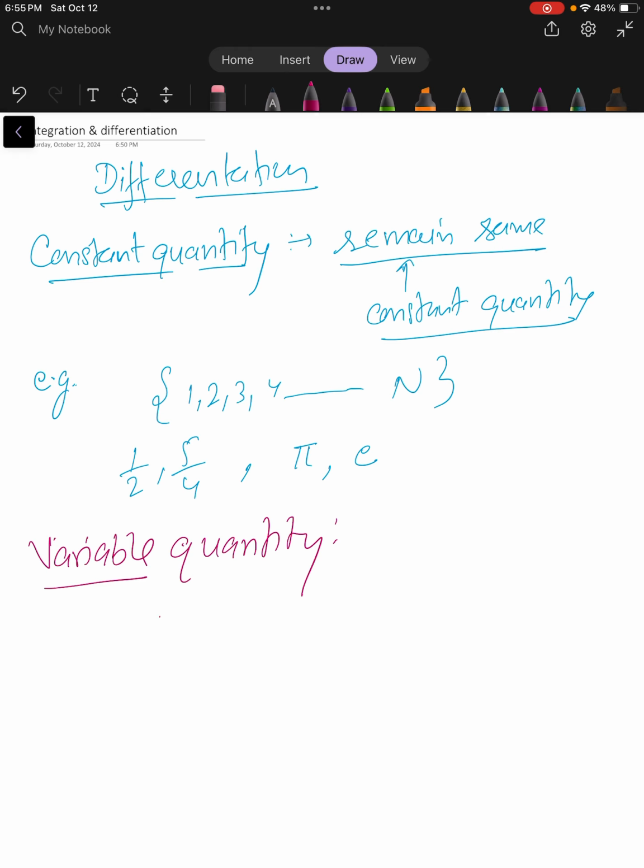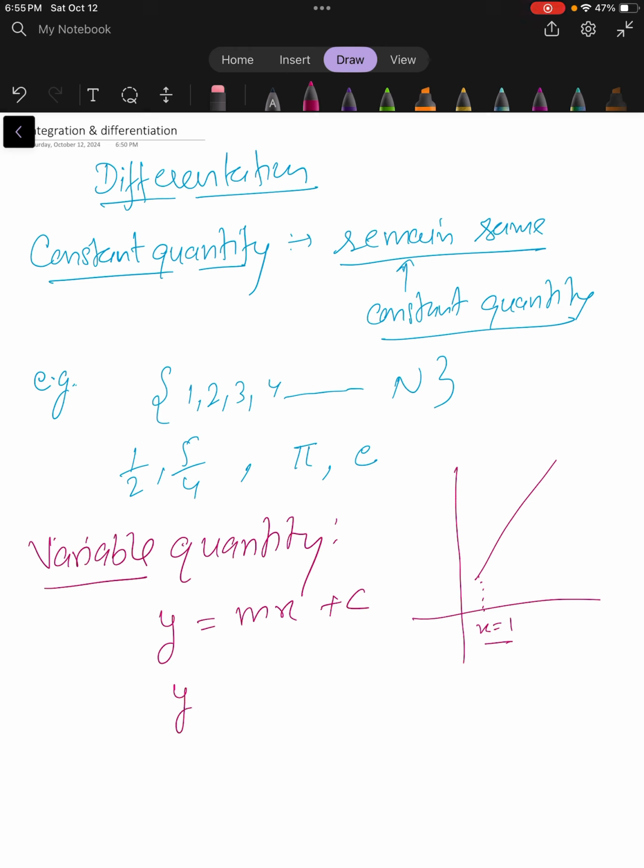For example, y = mx + c. This is the equation of a line. Let's consider a point. Here we have x = 1, and m is the slope.